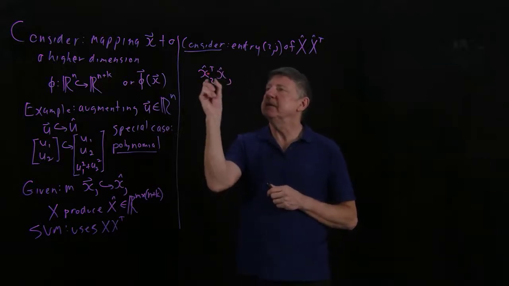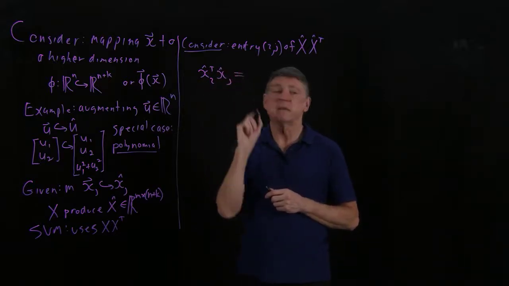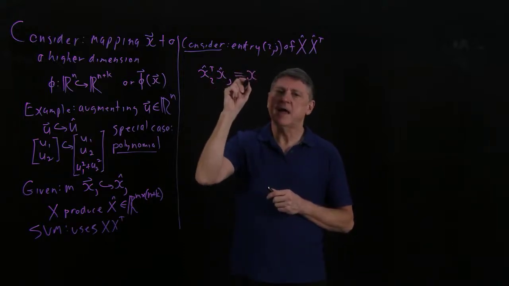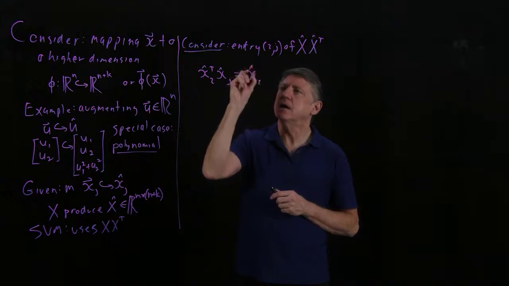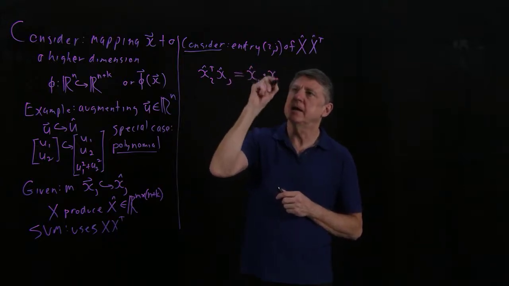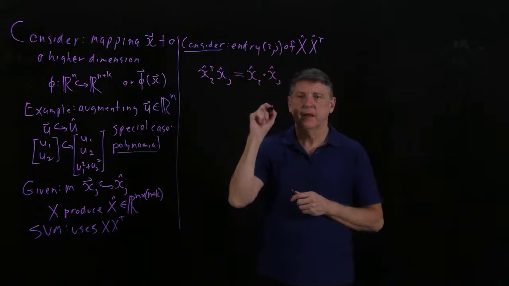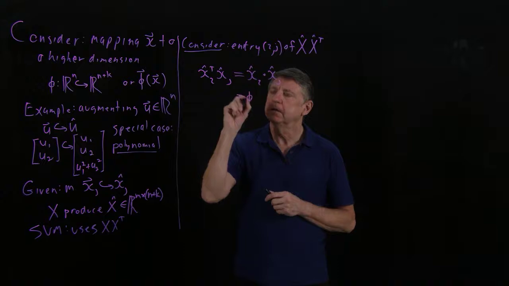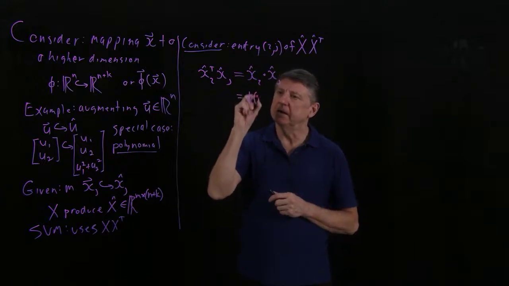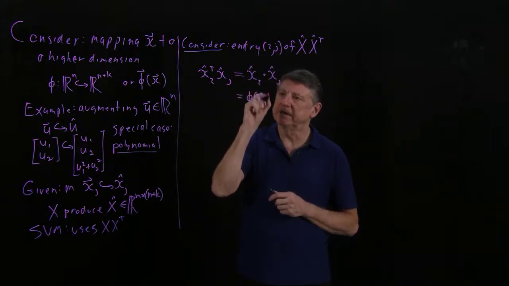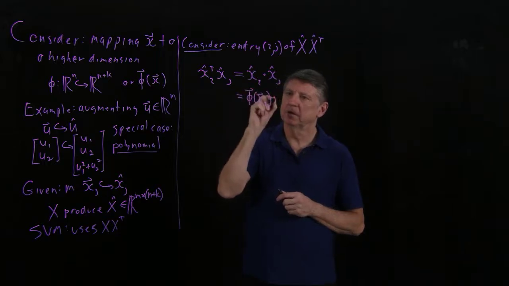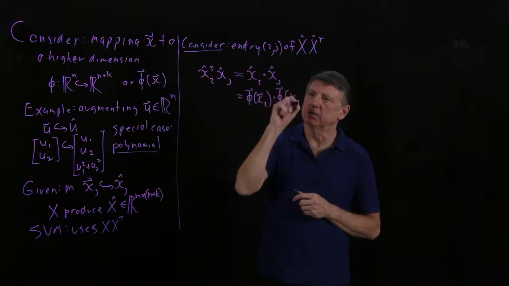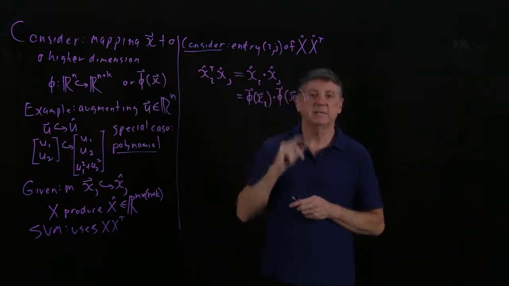And these are the same size of vector, and that transpose can be rewritten as x i hat dot x j hat. And we could further write that as being the embedding of the original data vector times the embedding of the other original data vector.